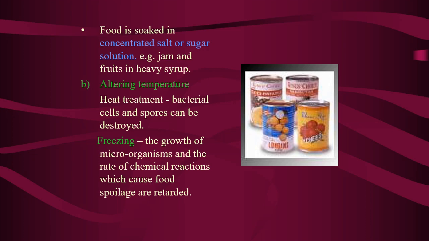The other method is the freezing method, where the growth of the microorganism and the rate of chemical reactions which cause food spoilage are retarded. For a microorganism to grow, they need an optimum temperature. But if we freeze them, their function is retarded, so they will not grow.